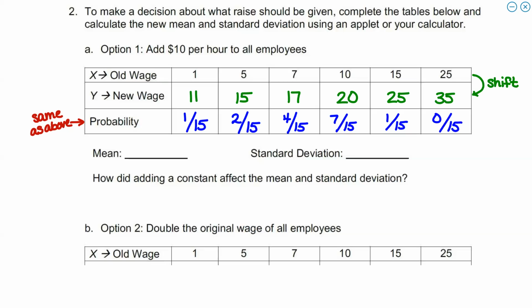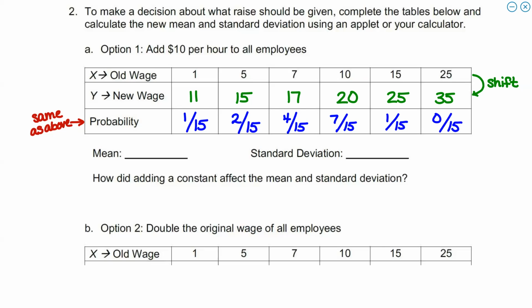What would our new mean be? Or rather, how would I calculate it? What would I need to put into my calculator? I take the new wage, multiply it by the probability.